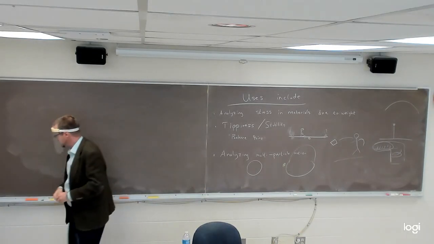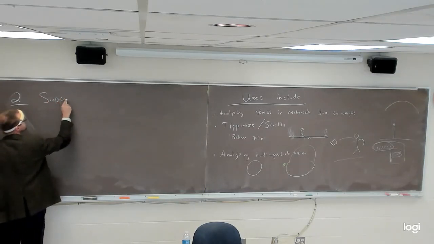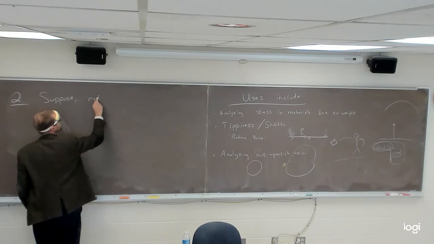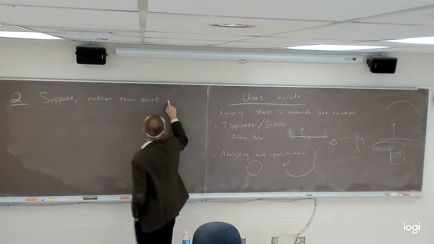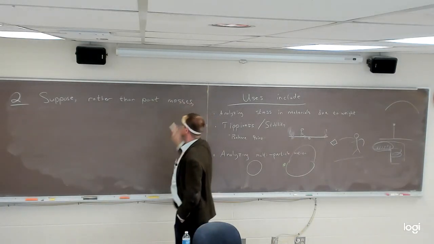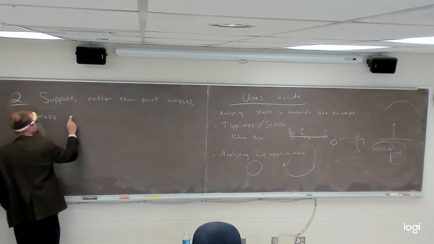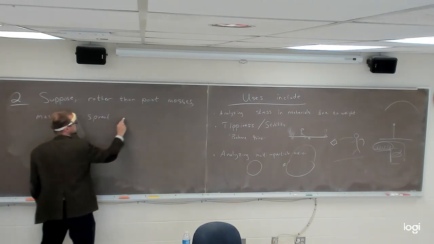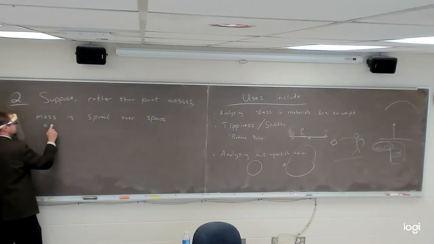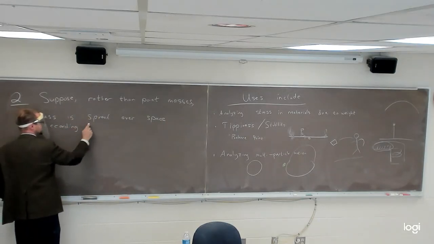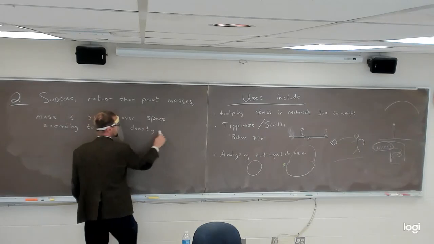Suppose, rather than discrete point masses, I have mass spread over one-dimensional space according to some density function, say rho of s.